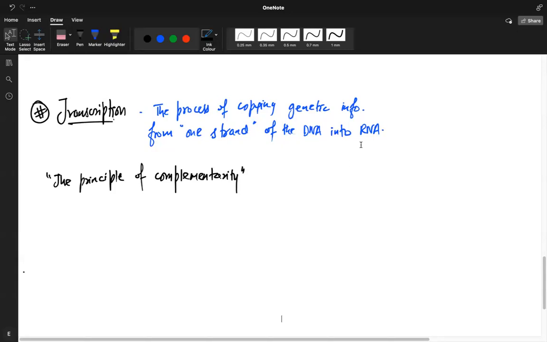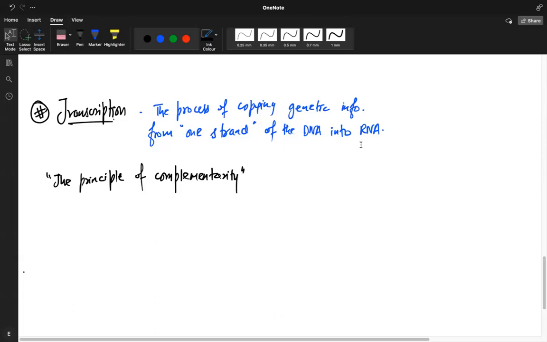And which strand then? How to decide which strand? Is it always the same strand? Or do you think it does not matter? One time it can be one strand, the next time it could be the other strand. Can we copy genetic information from any strand or both strands, or very strictly it has to be one single strand all the time? What do you think?